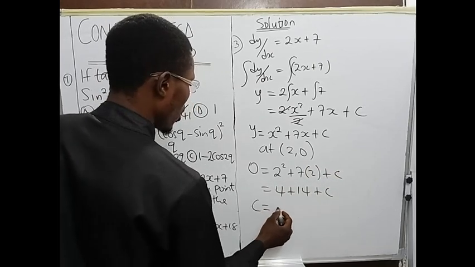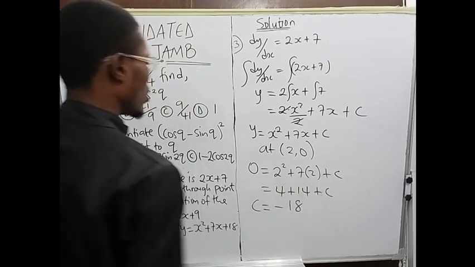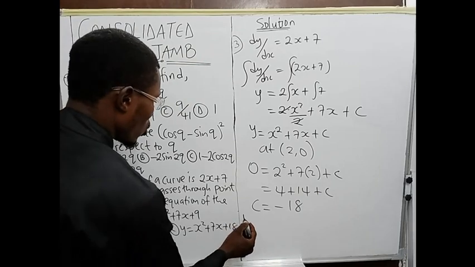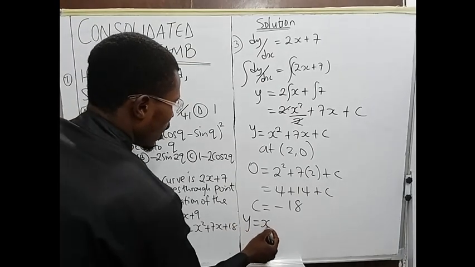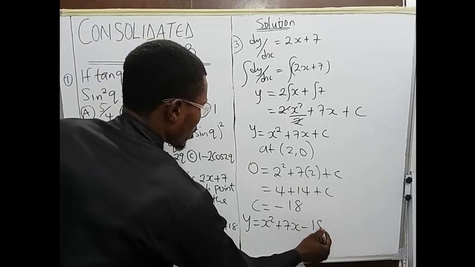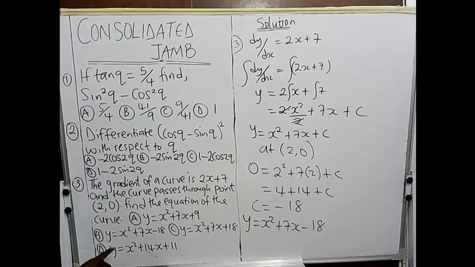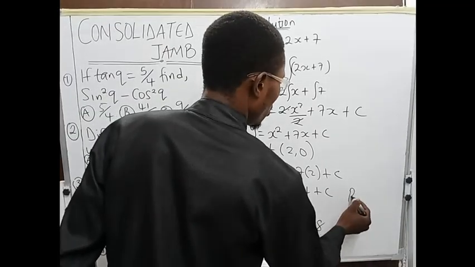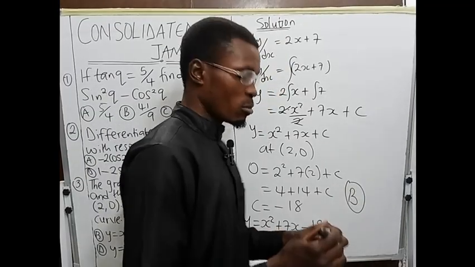So our c is minus 18. Hence, the equation is y equals x squared plus 7x minus 18. And that is given by option B. Option B gives the correct answer to number 3.